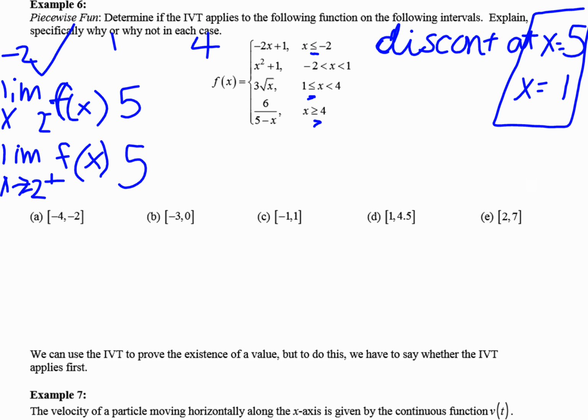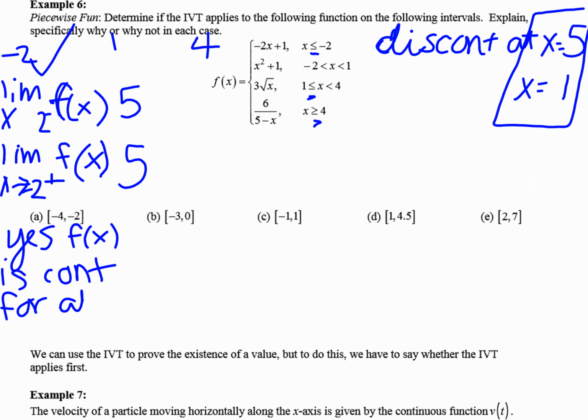It's continuous everywhere else. So if we check the interval -4 to -2, yes, f of x is continuous for all values.